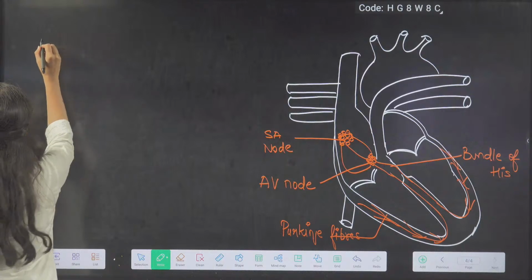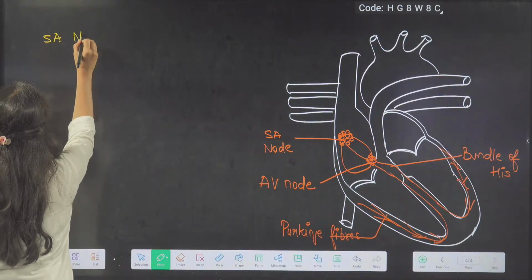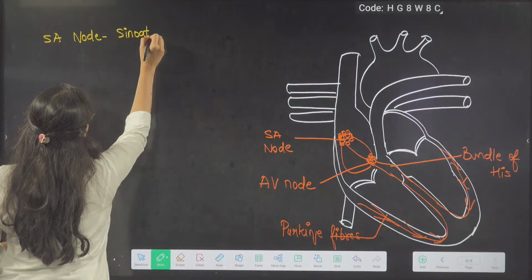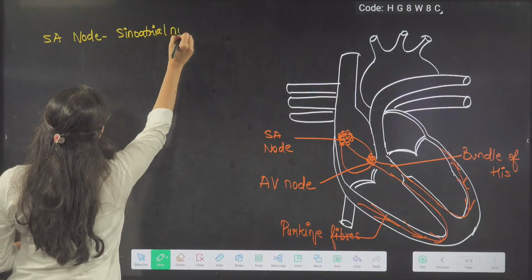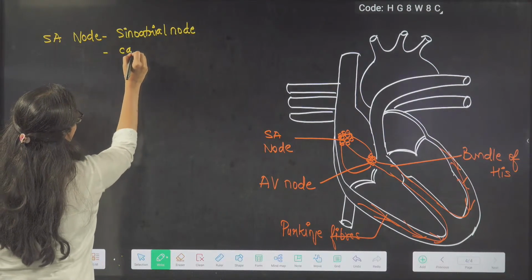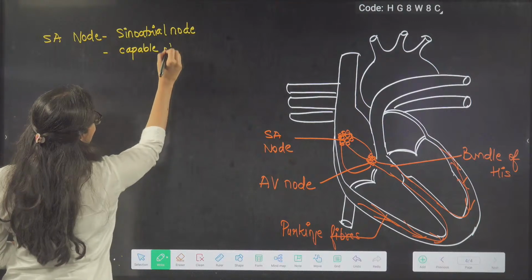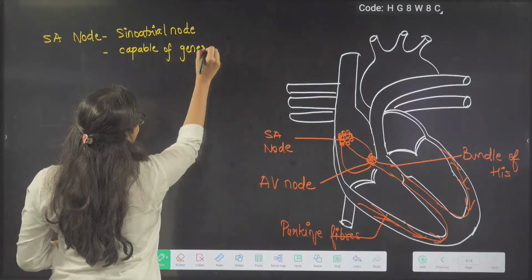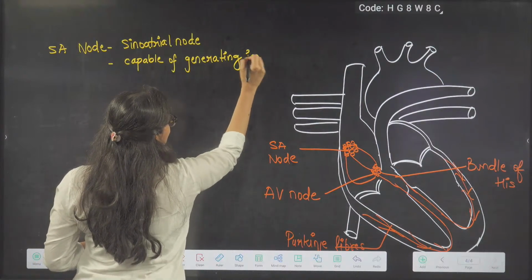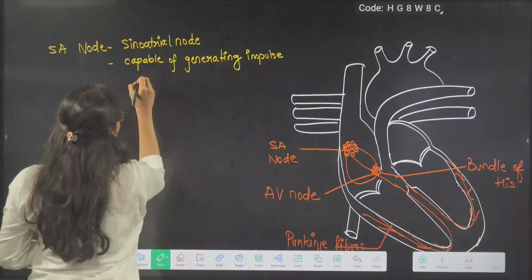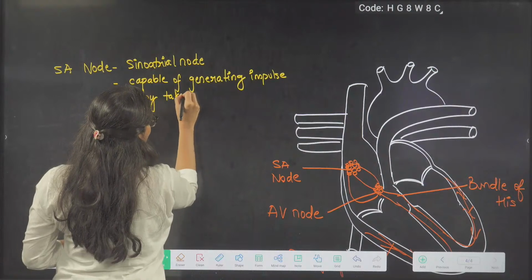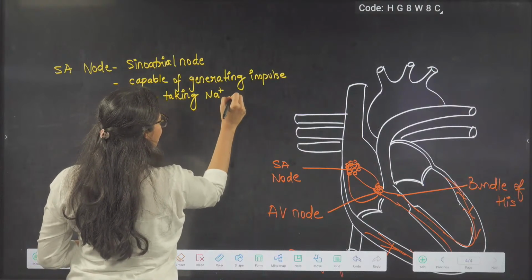So first, let's write about SA, that is sinoatrial node. So what it does? It is capable of generating impulse by taking Na plus inside.